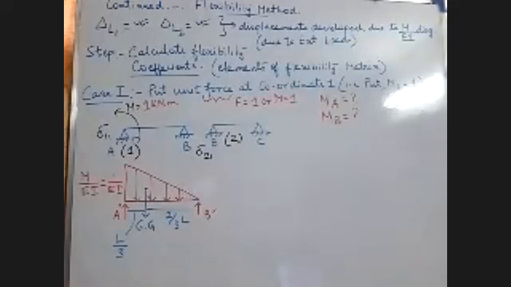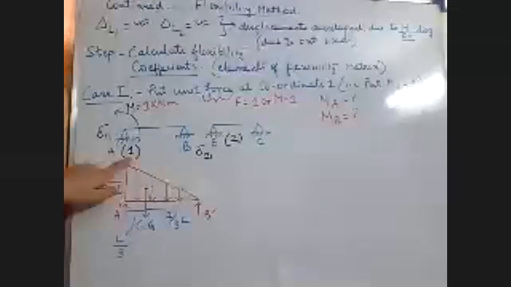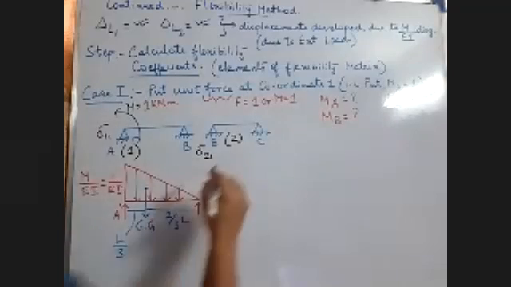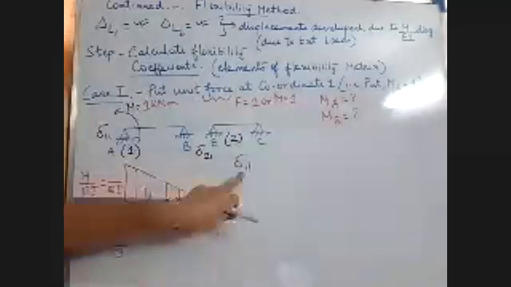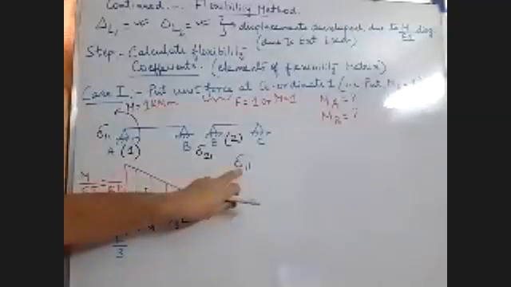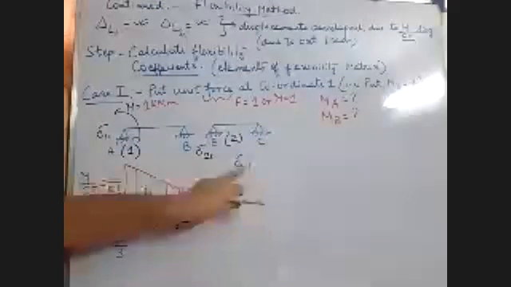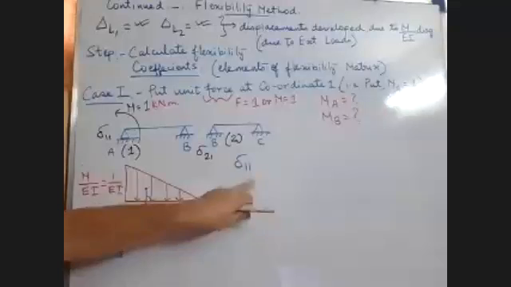Okay. So with respect to this case where I am putting unit force at this point 1, then my element will be first delta 11. Delta 11 will be the displacement at point 1 due to unit force at point 1.